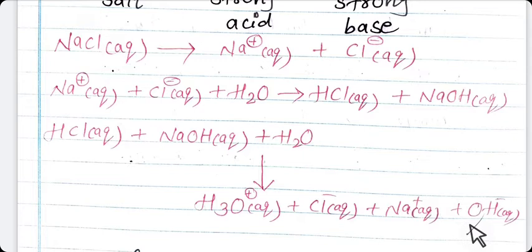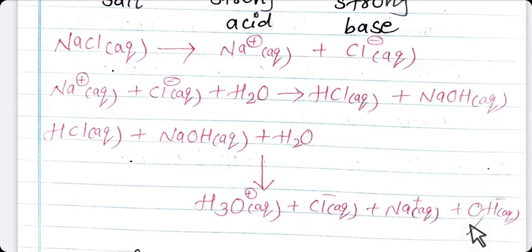So student, when a salt of a strong acid and a strong base, for example NaCl, produces Na+ and Cl- ions, they have no tendency to react with water.